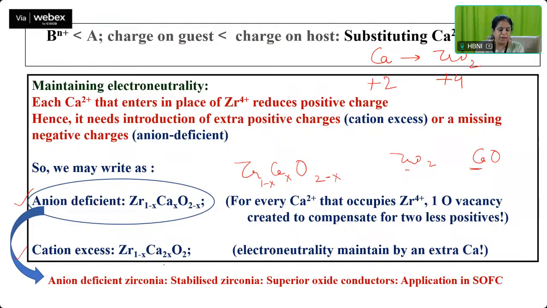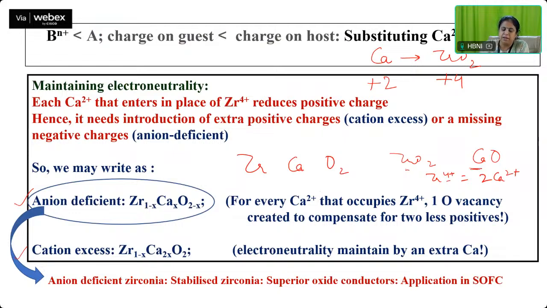Okay. So when I want to write cation excess, no problem. Then how do we go about it? I have ZrO2. Now I am assuming that my charge balance mechanism involves extra calcium. Okay. So now Zr4+ is equal to 2 Ca2+, right? 4+ and 2 calcium will make 4+.